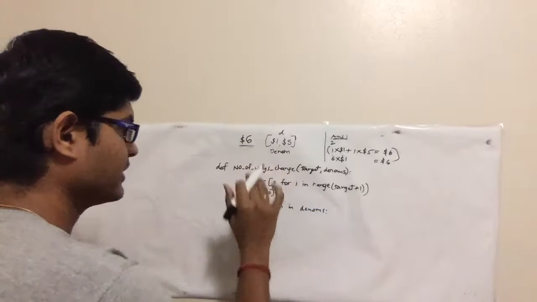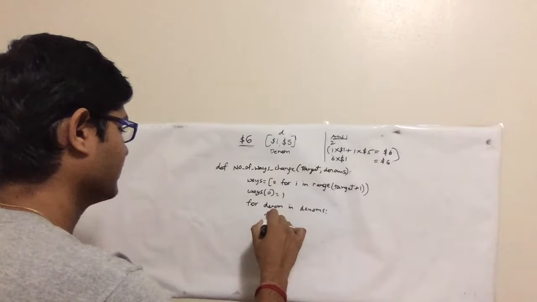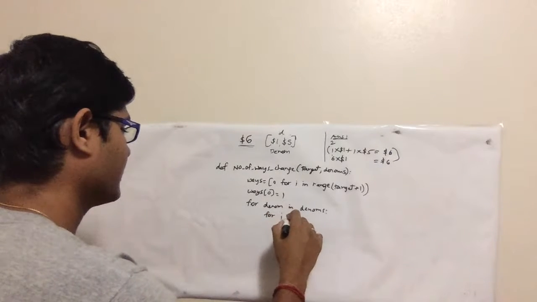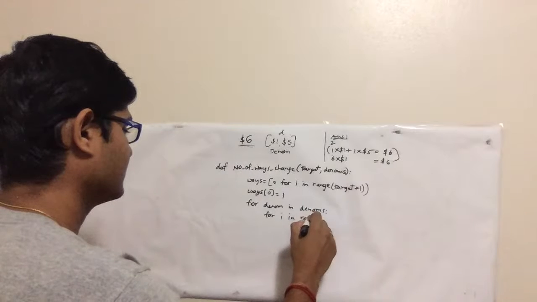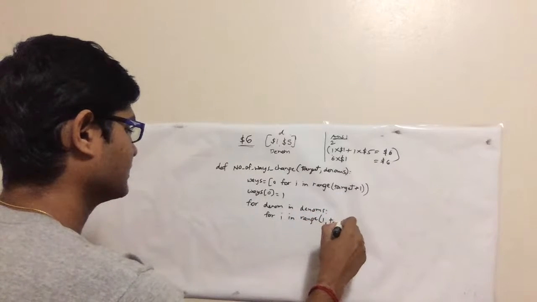Say we take the $1 denom, and we iterate for i in range from 1 to target plus 1.